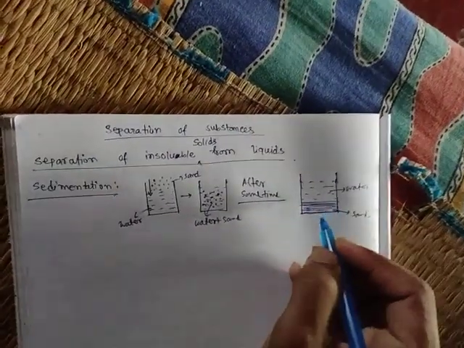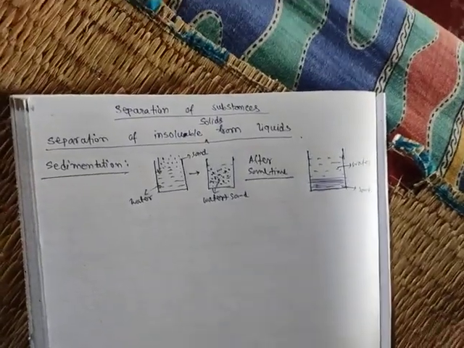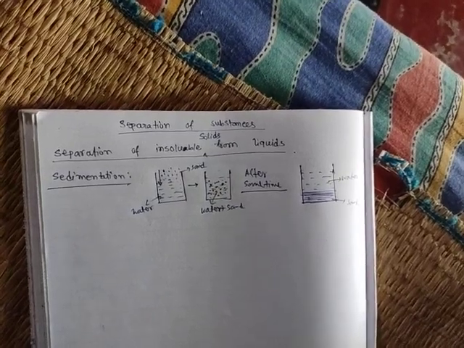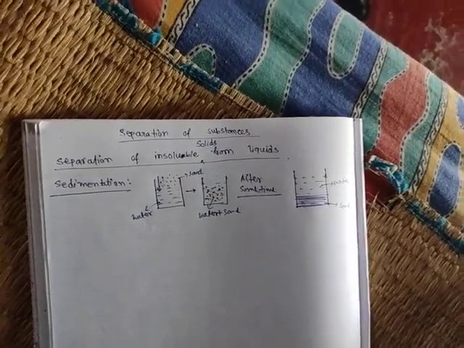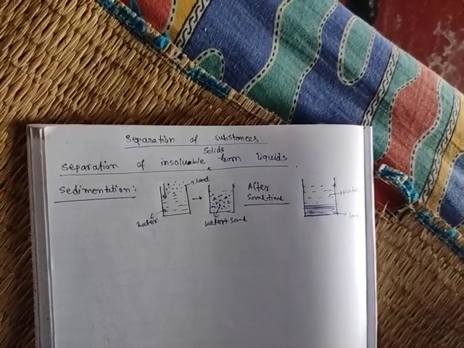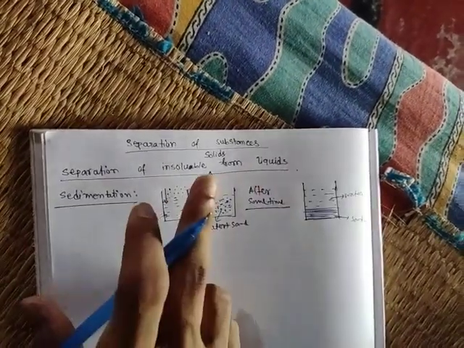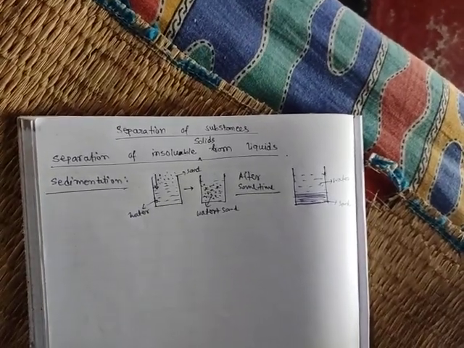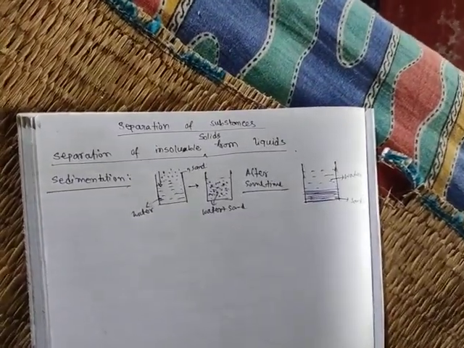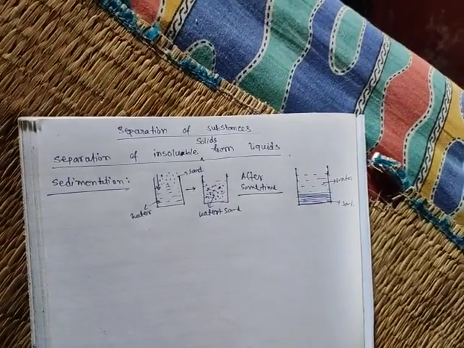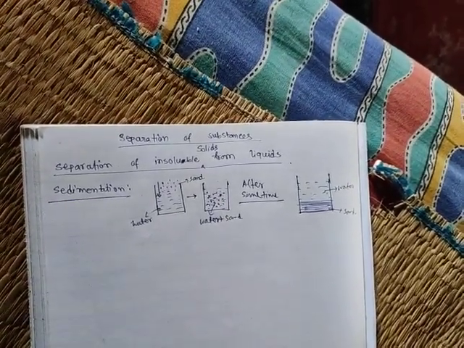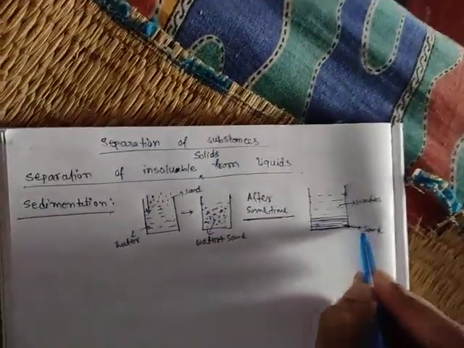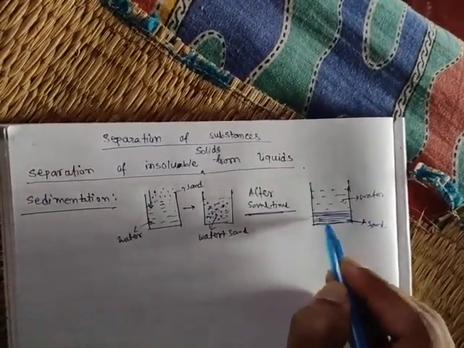We know the sand particles are heavier than water. And remember, sand is an insoluble solid, that means sand is undissolved in water. So after some time, the sand will settle at the bottom of the liquid.